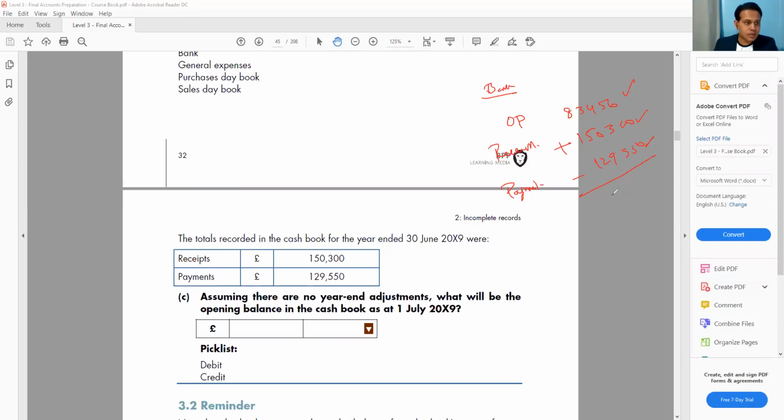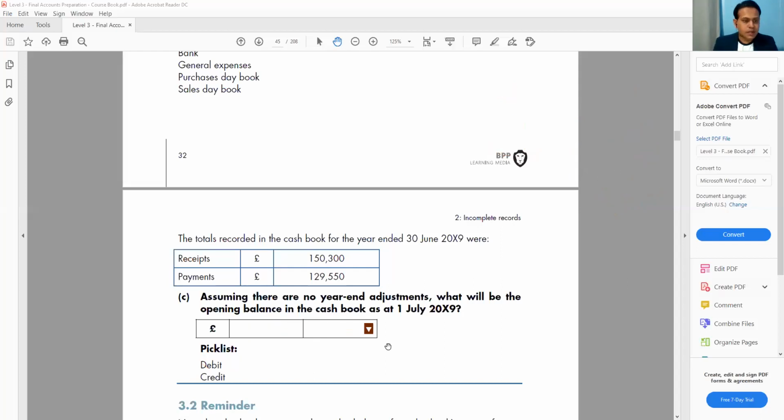That will give us 104,206. And this is the money we have, so that will be debit on the cash book, because this money we still have on the bank account. All right, so let's move on.